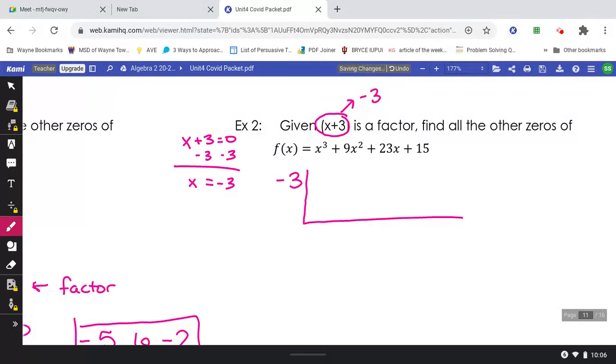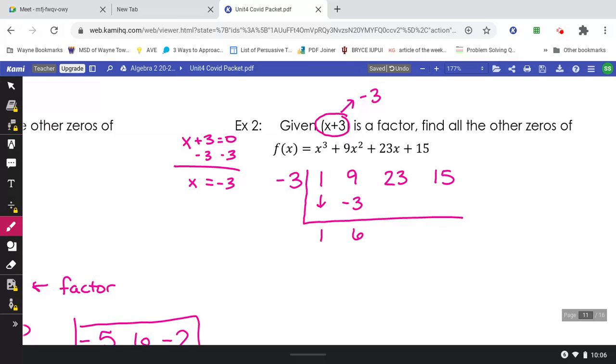Then we'll line up our coefficients, the numbers in front. 1 is in front of the x to the third. 9, 23, and 15. Bring down the 1, multiply, and add.